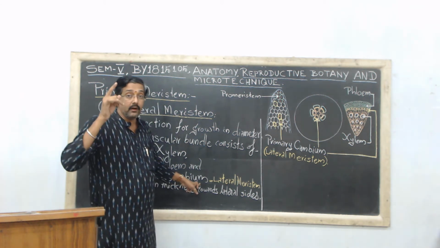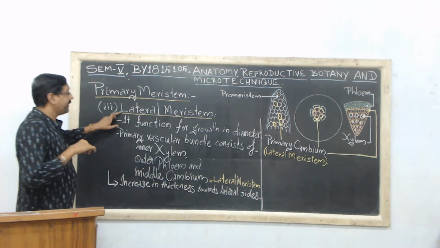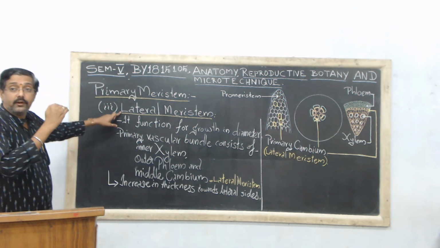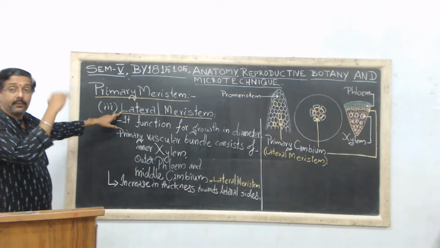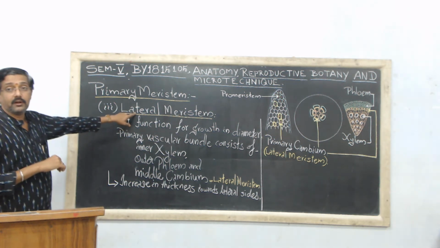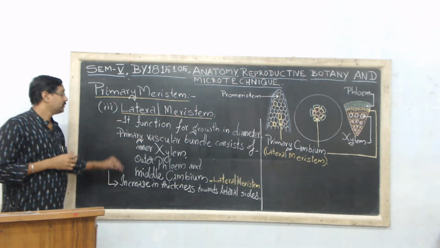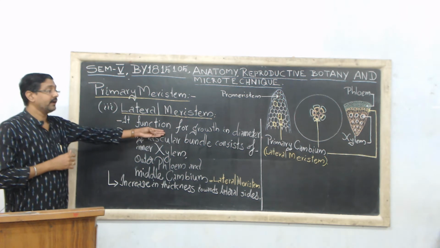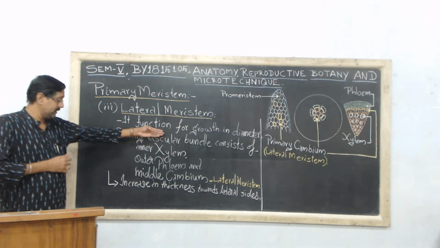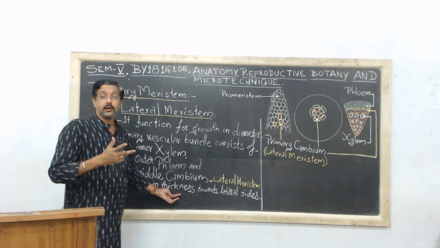So they are meristematic in origin, the early formed meristematic tissue, and it is termed lateral meristem. And what is its function? It is the increase in diameter, or growth in diameter, and it also increases thickness.